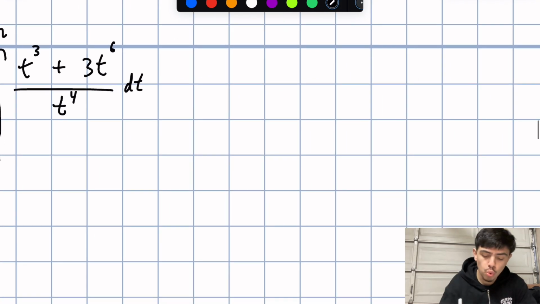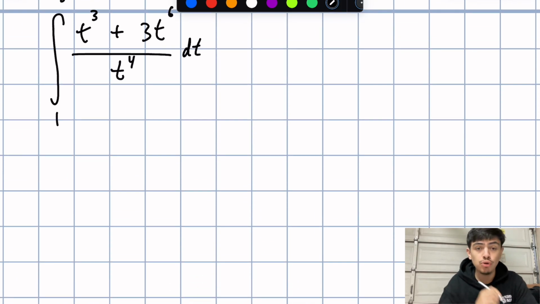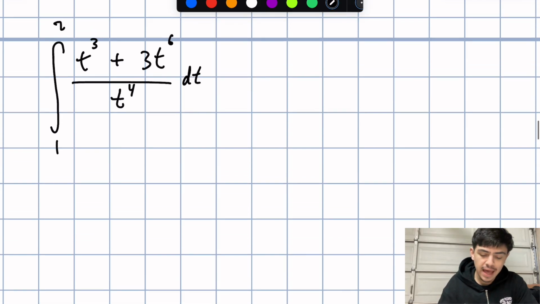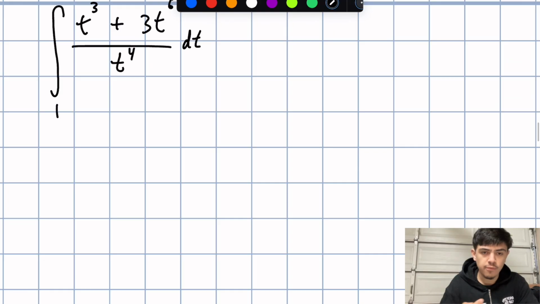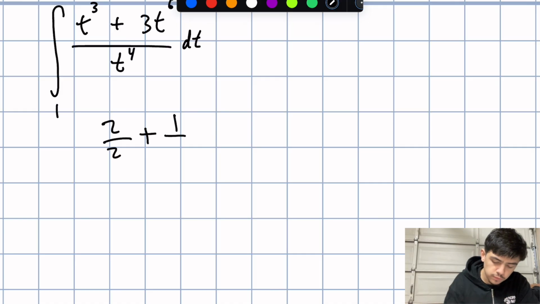So first thing that I notice here is that we have two terms in the numerator being divided by the same denominator, right? With fractions, if we have the same denominator, for example, if we have 2 over 2 plus 1 over 2, how do we add that? We just add the top.